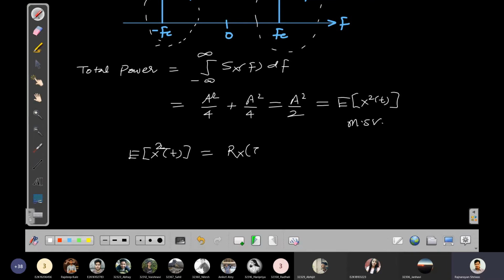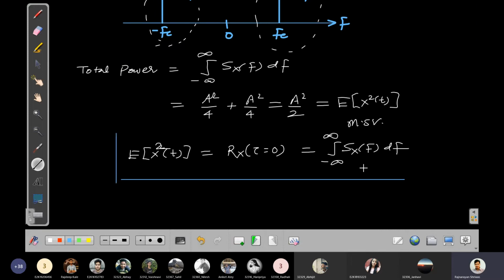Either you take tau equal to 0, or you find the area under the PSD. This is the total power, not DC or AC, because power spectral density is just a density.